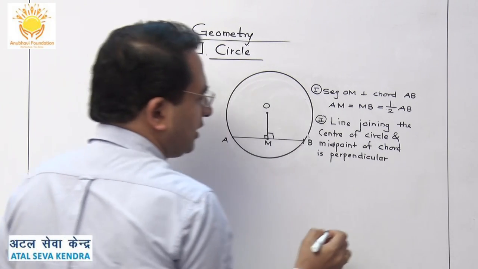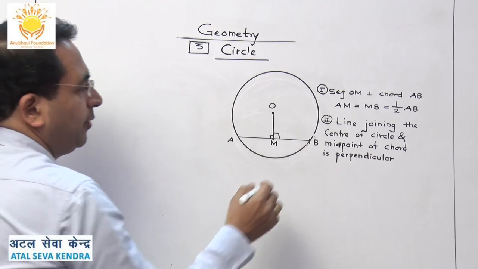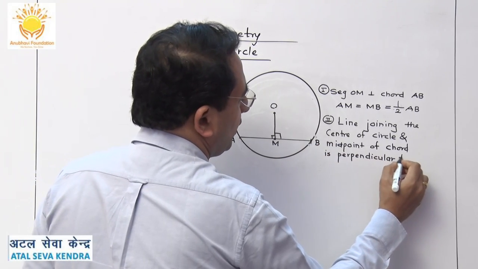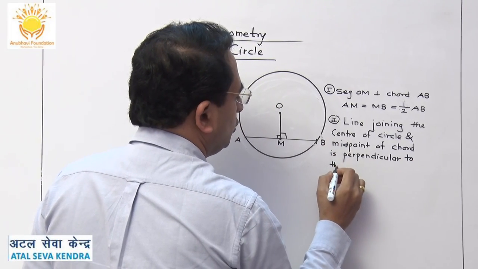Line joining the center of the circle and midpoint of the chord is perpendicular to the chord.